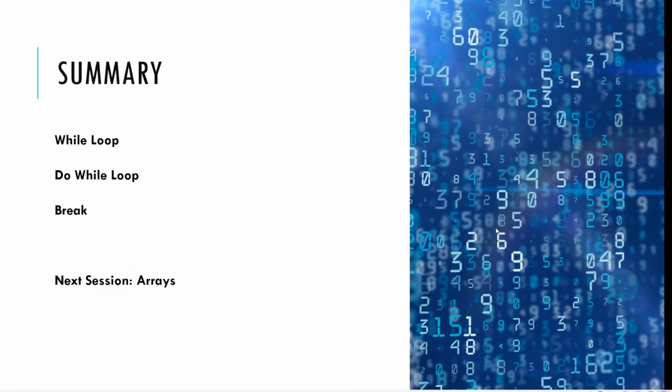So what did we do? Well, we didn't do as much as we used to, which is probably a good thing, because I actually had one of these videos over an hour long, and I am sorry about that. But we talked about the while loop. We talked about the do while loop. Of course, they're kind of the same thing, except the while loop is guaranteed at least 0 times to loop, and do while at least once.